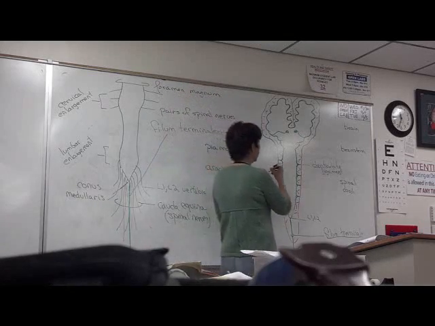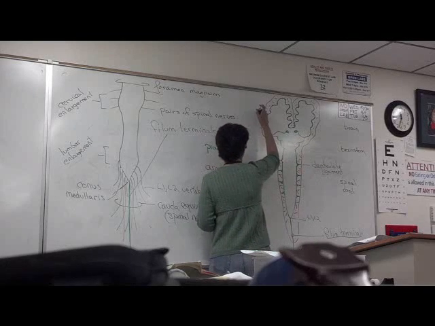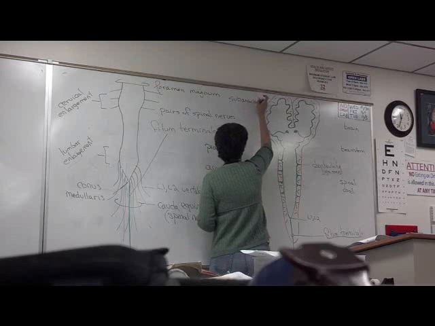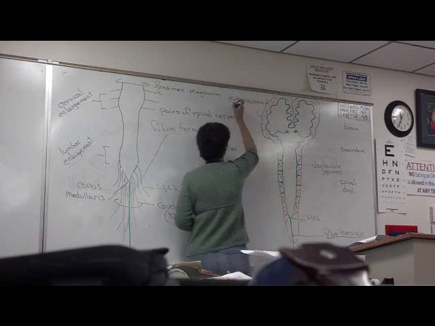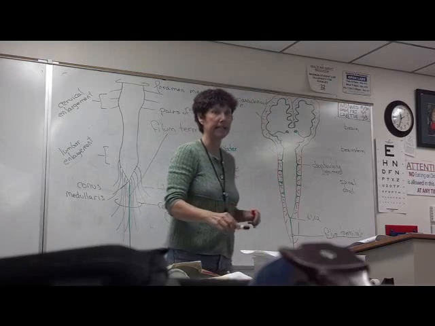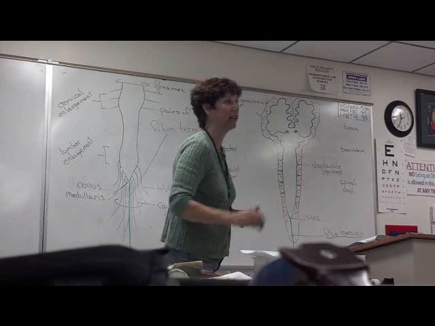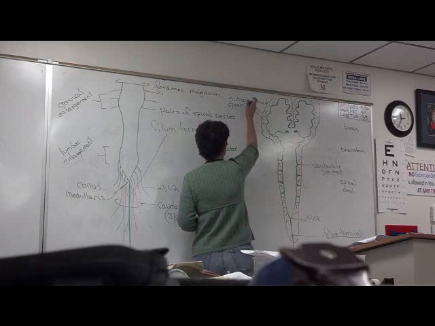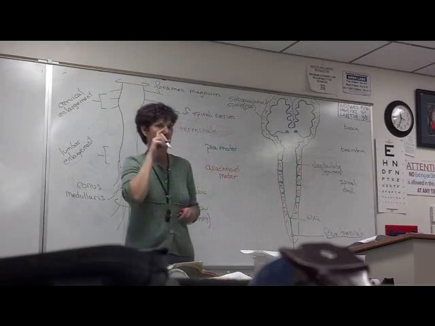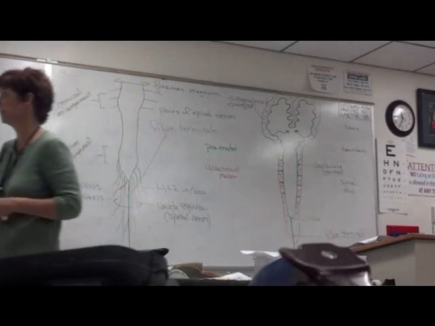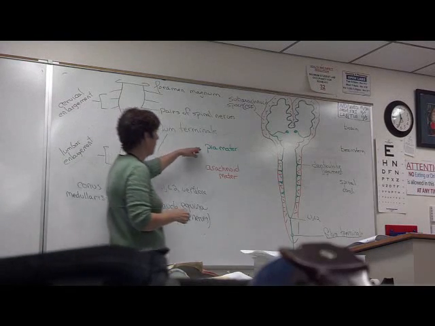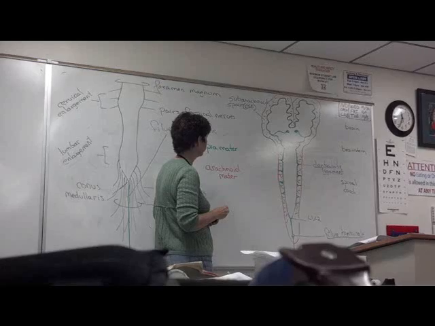And the space between the pia mater and the arachnoid mater is the subarachnoid space. And it contains CSF. So later in lecture we'll talk about how the CSF fits there. CSF is cerebral spinal fluid. So that's going to be between the pia mater and the arachnoid mater.